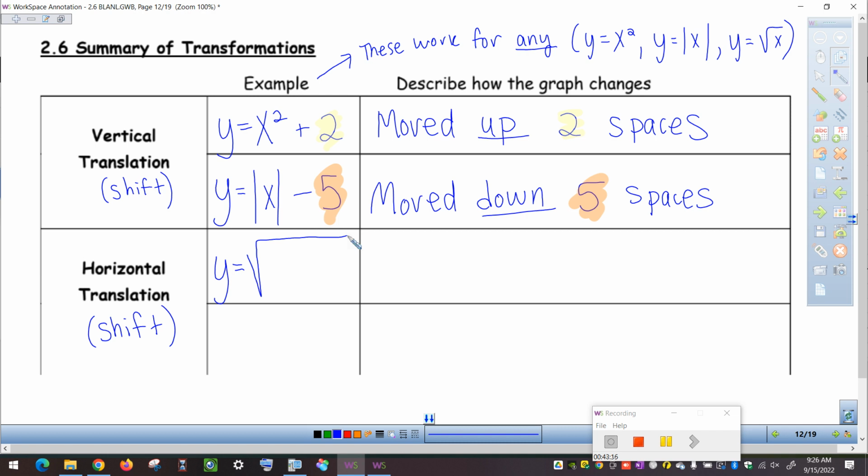We're going to make one big, huge square root symbol because we need the addition or subtraction to happen on the inside. So let's start by doing an x plus 3 on the inside of our square root. And what was a little strange on this one, but we still noticed it, is that when we're adding a number inside of our function, it's actually moving us to the left that many spaces.